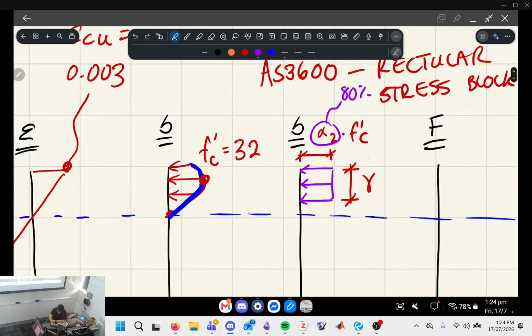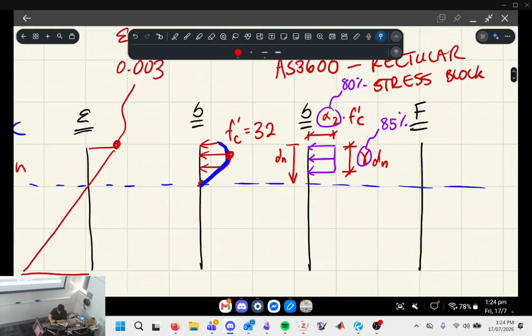Gamma is also a reduction factor of some sort. Let's just say, for the sake of argument, that's 85%, okay? And that's going to be multiplied by dn, because we know that this number is dn over here, right? So gamma is going to represent a reduction factor for dn.